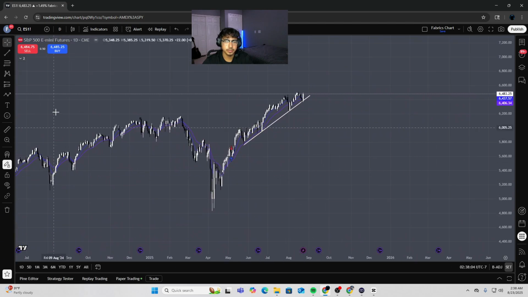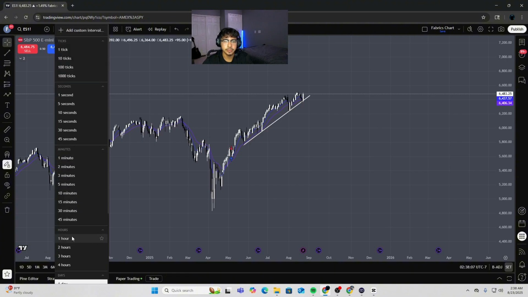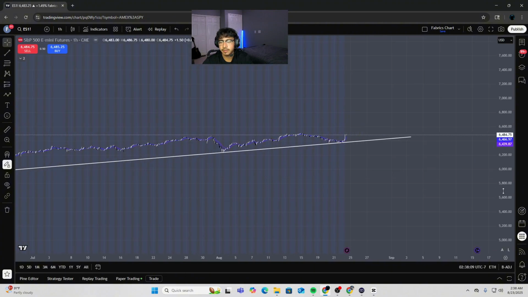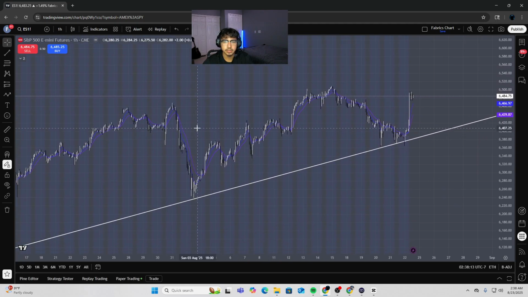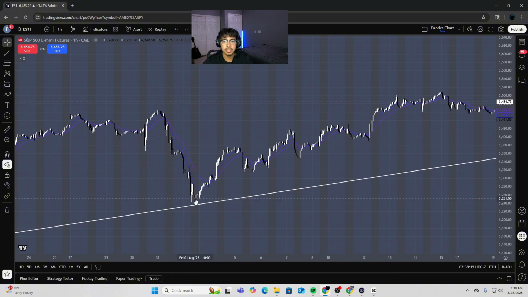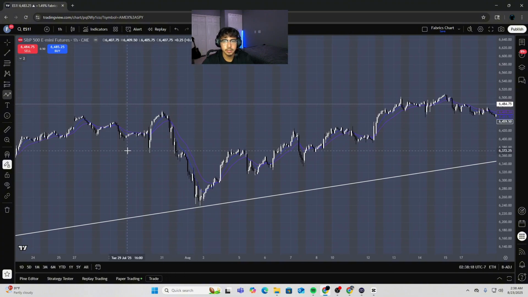But if we go on the smaller time frames, we can see how those lows on the lower time frame were actually being inserted, right? So we see the market downtrend on the 1 hour to insert that higher time frame low. We come up, come down, come up, come down.